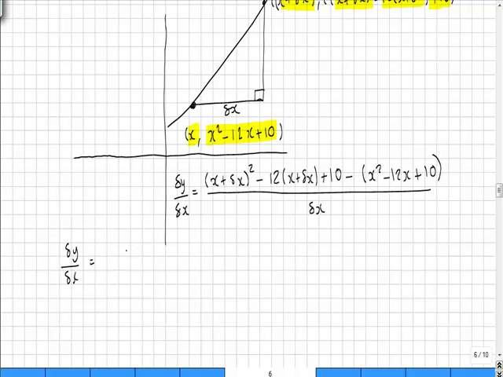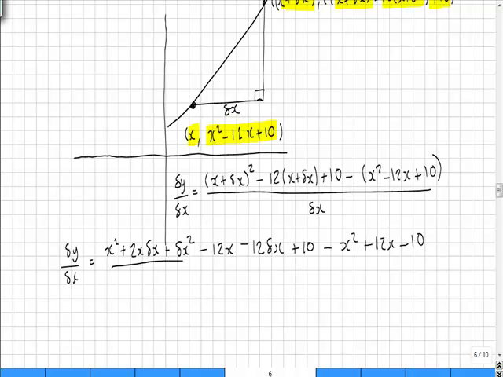So delta y by delta x is equal to x squared plus 2x delta x plus delta x squared. The expansion of x plus delta x all squared is something that you really should commit to memory. Minus 12x minus 12 delta x plus 10 minus x squared plus 12x minus 10, all over delta x.